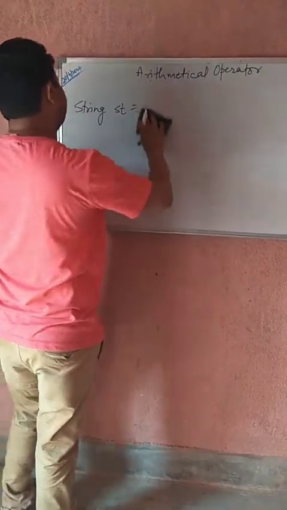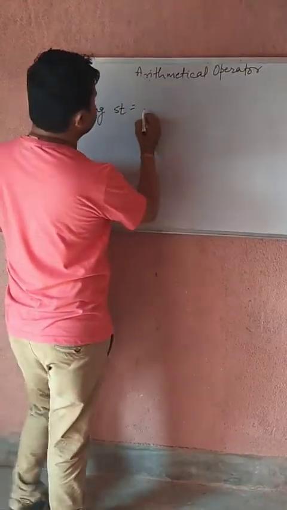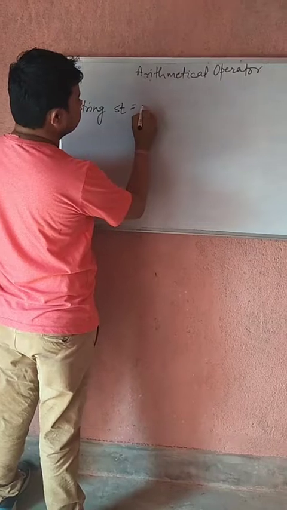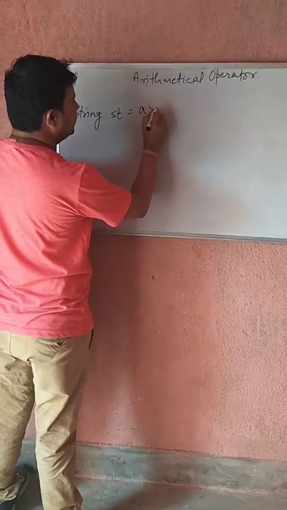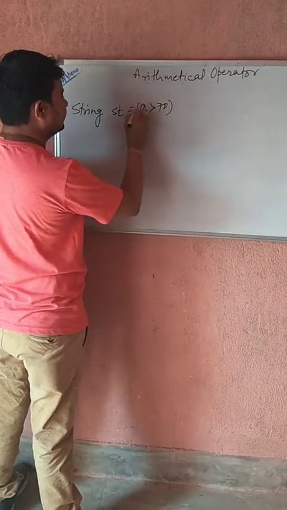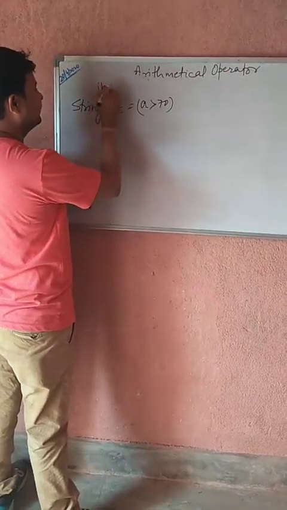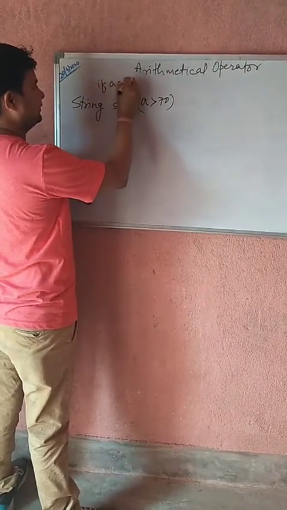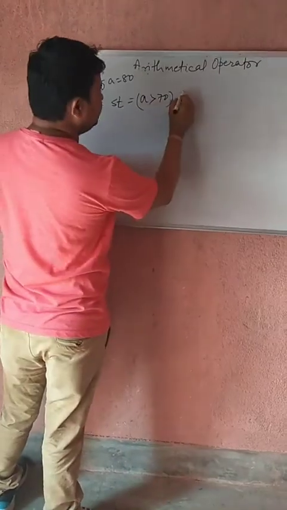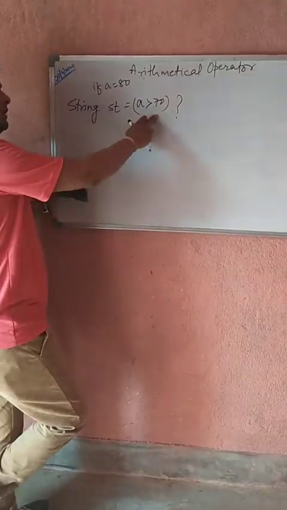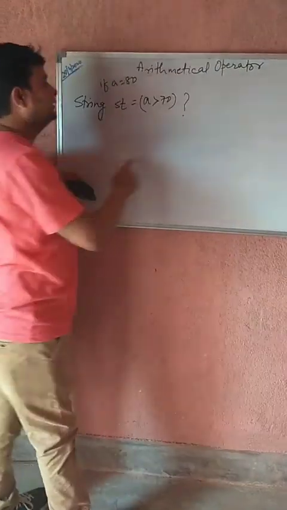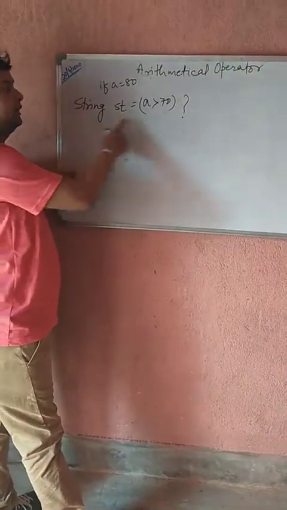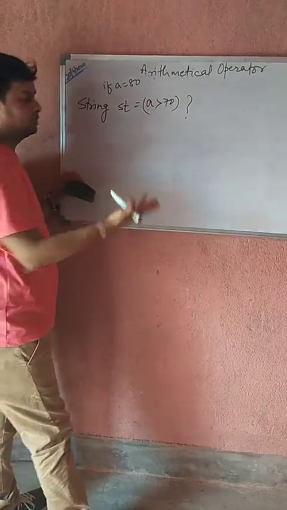A is greater than 70. If A equal to 80, then question mark. This may be anything, but the output will be a string. If it is also a string, then it is best, no problem.